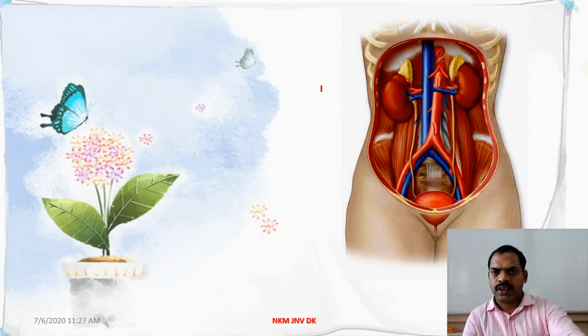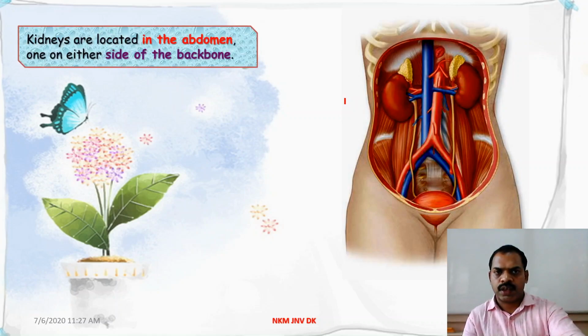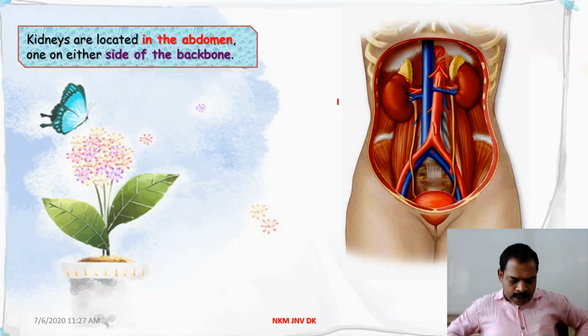Once again, you can see the kidney here, with other parts removed. This yellow-colored structure is the adrenal gland. We'll discuss that later in the next chapter. Okay, so let us see about the kidney. The kidney is located in the abdomen, towards the back side, on either side of the backbone.